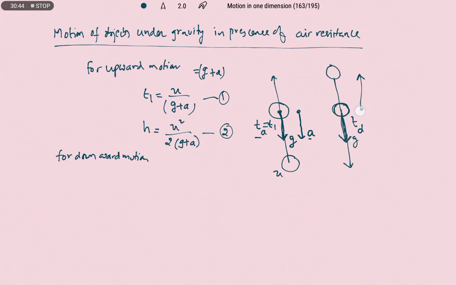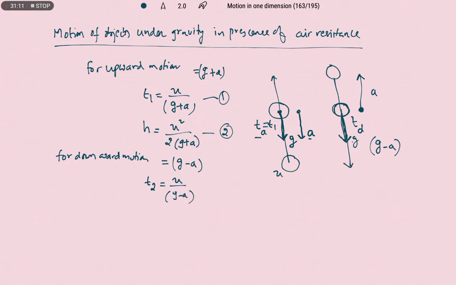That is a property of friction. So here a will be upwards, and a and g will be in opposite directions. Therefore, in this case the acceleration of the body becomes g minus a. The time of descent t2 we can write as u by g minus a.